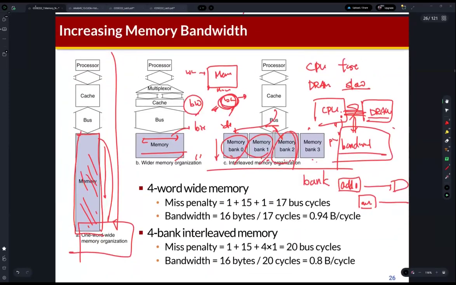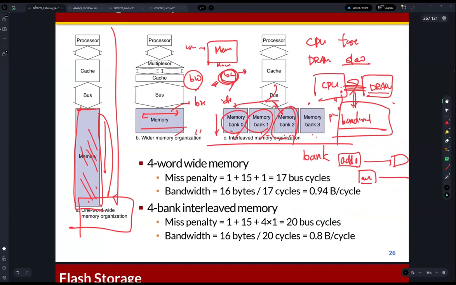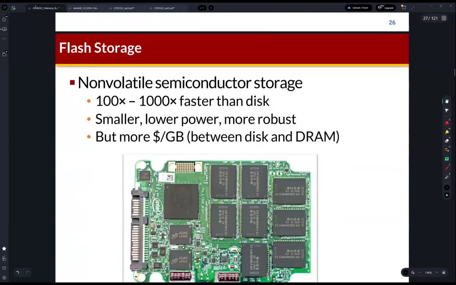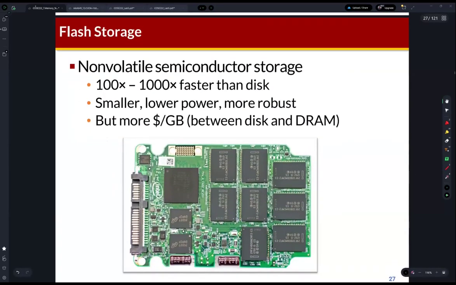So this is some technique for the DRAM. And then flash. Recently we frequently use flash memory, as we frequently use the SSD. SSD represents the solid state drive, right?